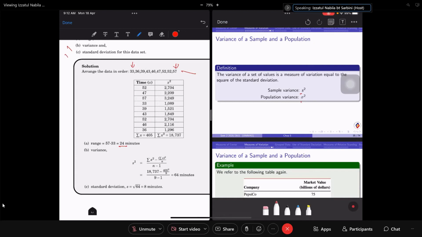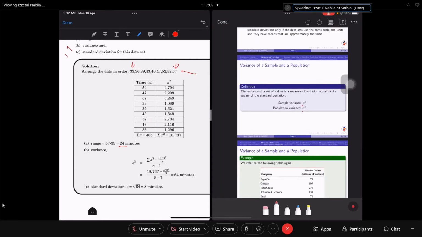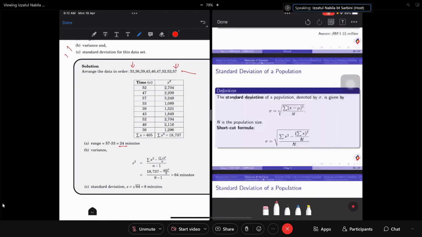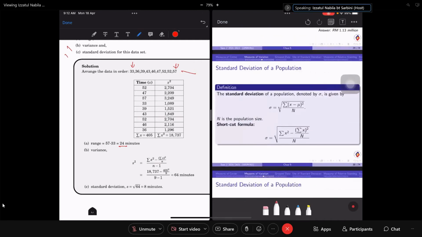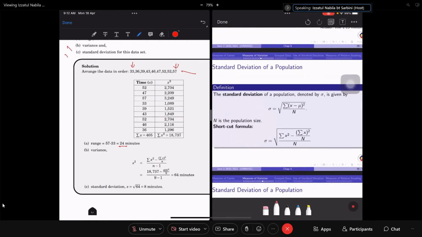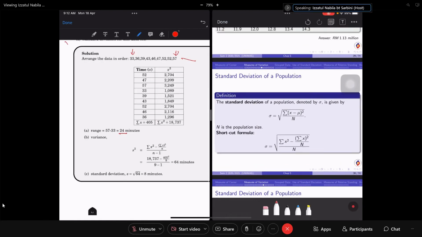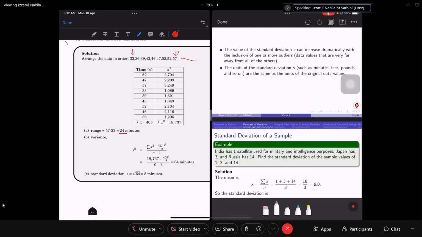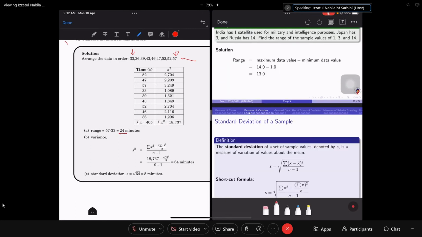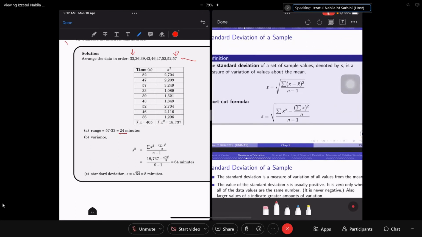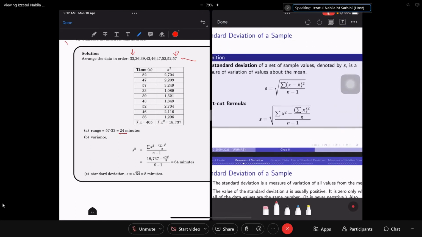As for variance, this is a sample because we only have 9 samples, so we're going to use the formula for sample. This one you need to be very careful about, which formula to use. You need to know whether it's sample or population.